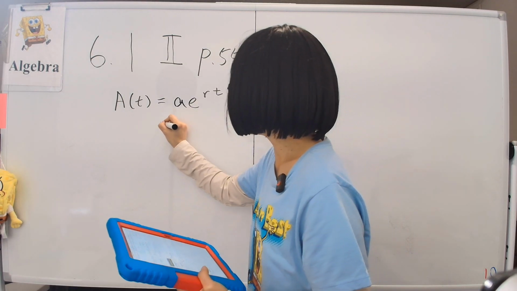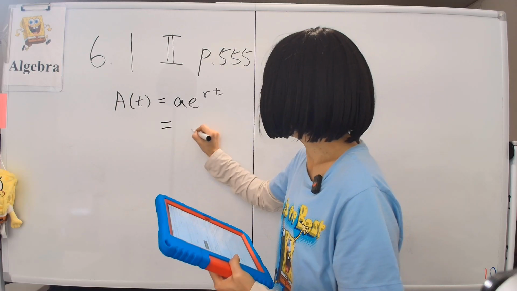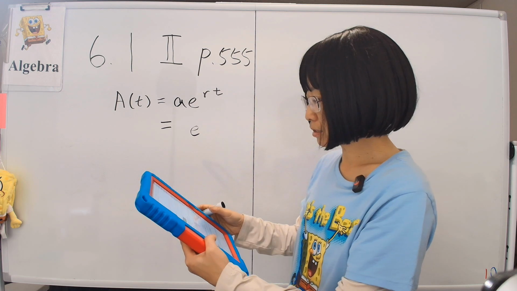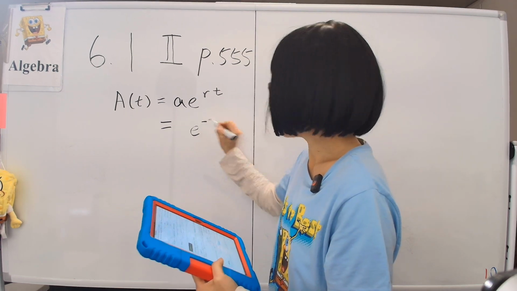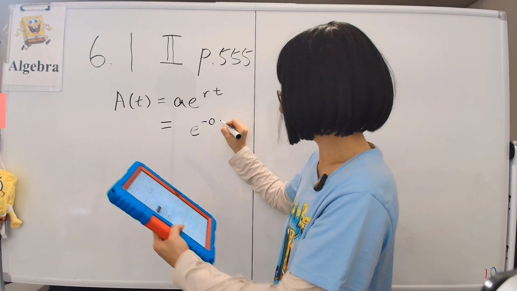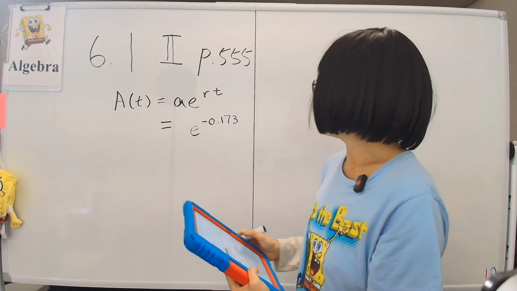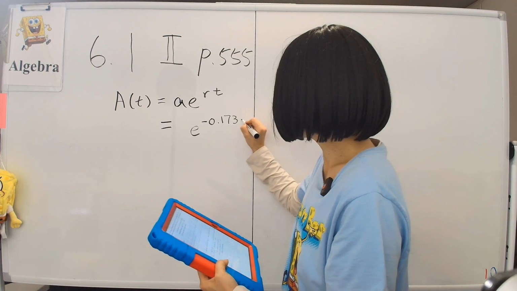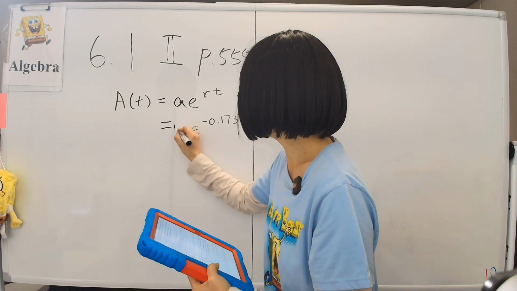In this case, the decay rate is 17.3%, which we'll write as negative, being that it's decay. Don't forget to put a negative sign in there: negative 0.173. And then the time is how many days? 3 days, times 3. And then A is 100 milligrams. That's what we are starting with.